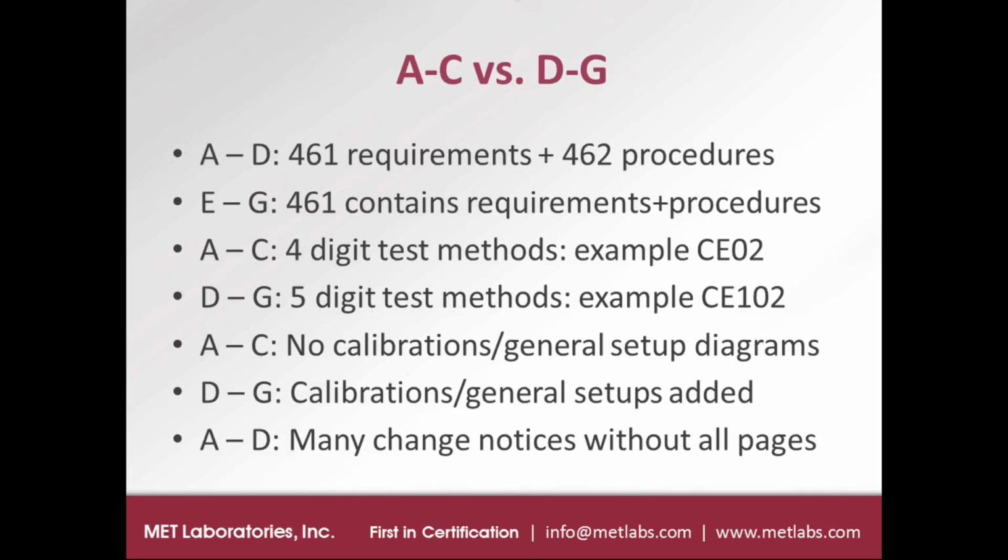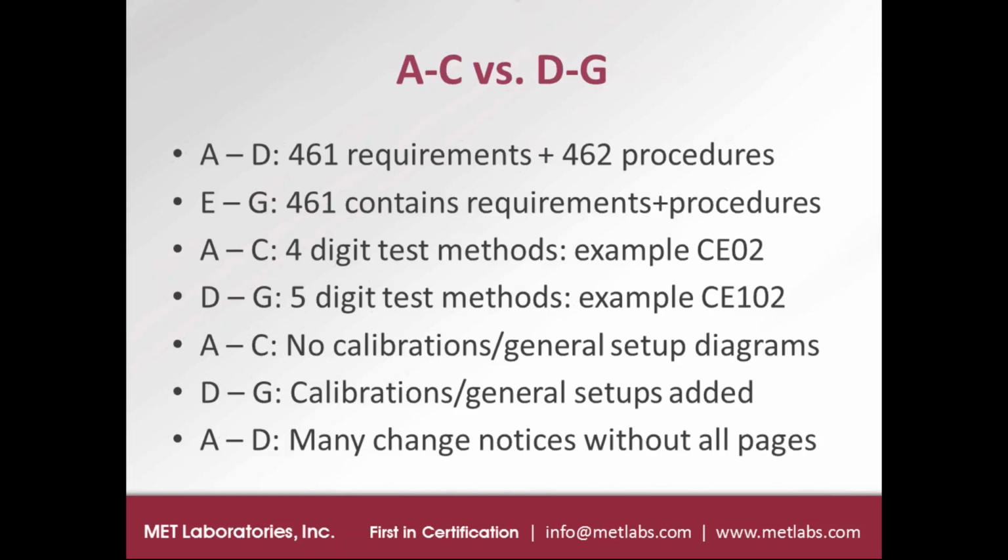It's important to note that even when comparing the older versions A through C to D through G, for example CE02 and CE102, when you see similar numbers, they don't necessarily represent the same test method. Some test methods were completely dropped. New test methods came into play. So those were the most major changes at that point. And then after version D, as I mentioned, they dropped 462 altogether and combined everything into one document.